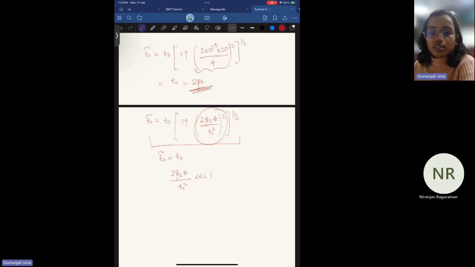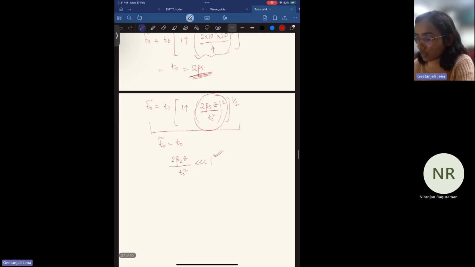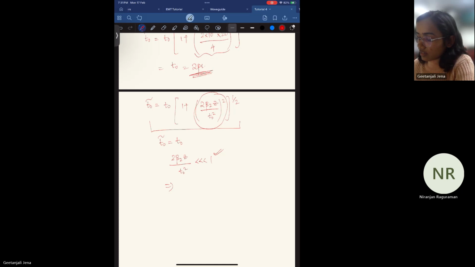When it is negligible, we can ignore it, and the temporal width will be equal to the original width. So that means Z here is much less than T0 square by 2 beta 2. And if you calculate T0 square by 2 beta 2, it is 4 picosecond.